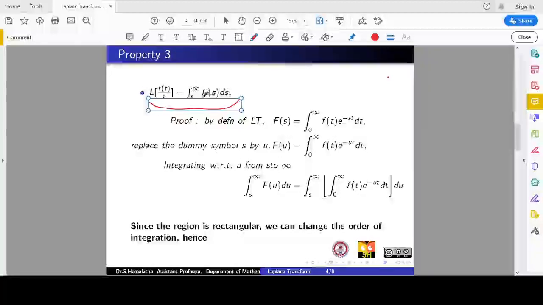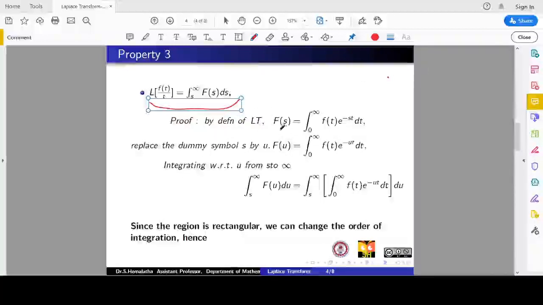So this F(s) is nothing but the Laplace of the numerator function. So find the Laplace of the numerator, and then integrate between these limits with respect to s. We get the result of our required discussion.